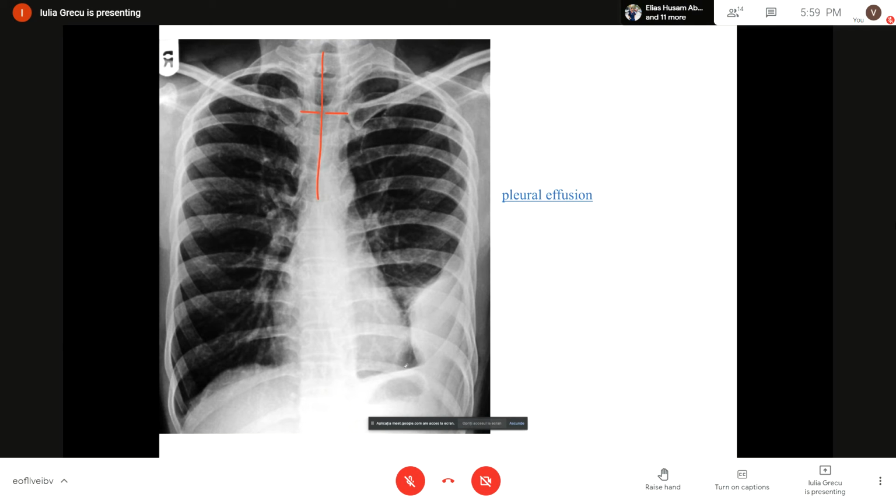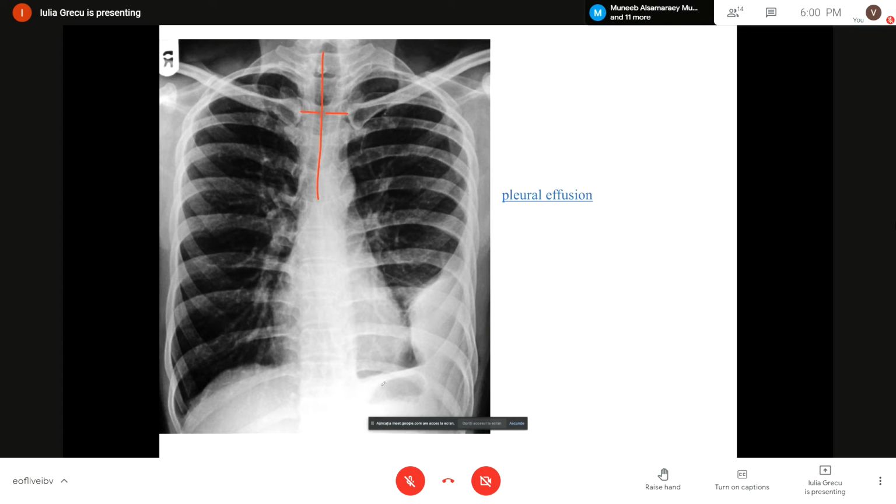It is possible that there can be a little free fluid component here. So in order to be very sure that this effusion is loculated, what can we do extra?